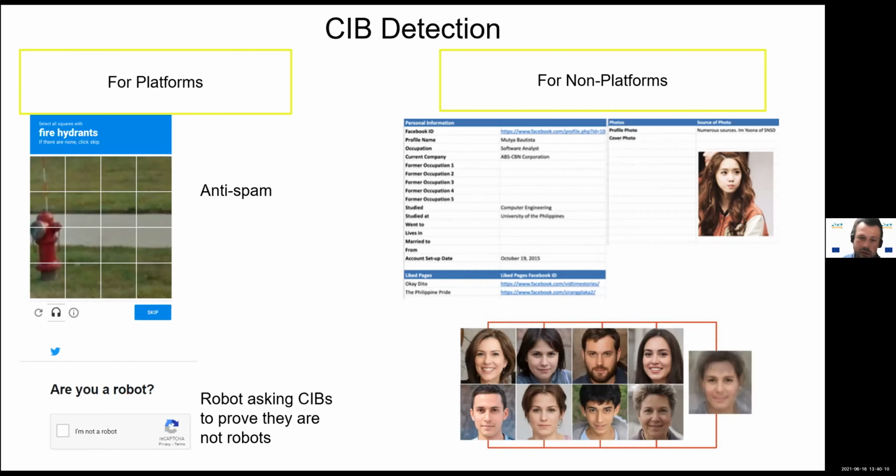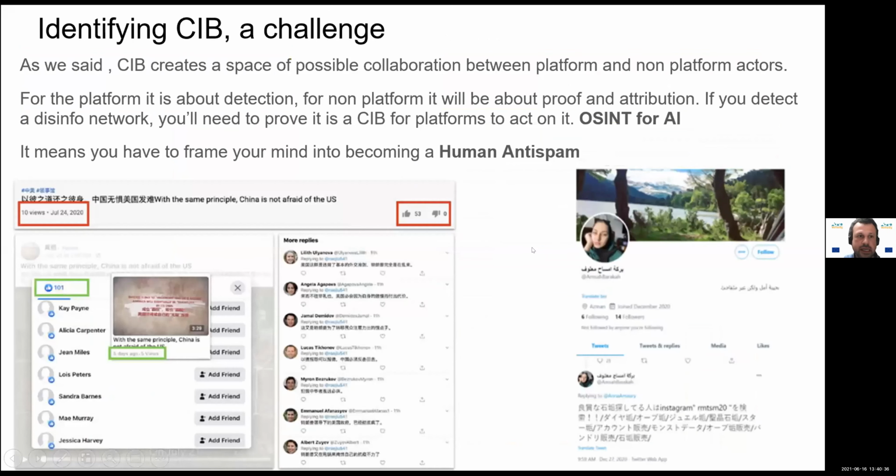You also have, on the bottom right, an instance of how Graphika detected GAN pictures, and it was done manually, but I'm pretty sure it's what Simeon has just presented to you. It will be automated in the near future.